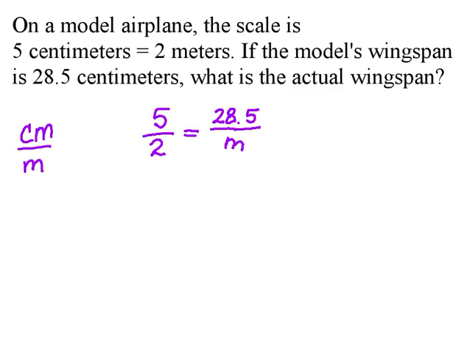Okay, so now I need to go ahead and multiply. So I start by multiplying my means. What do I get here? 5m, good. Equals, multiply my extremes, and what do I get there? 57. Good. So to solve this, what are you going to do?